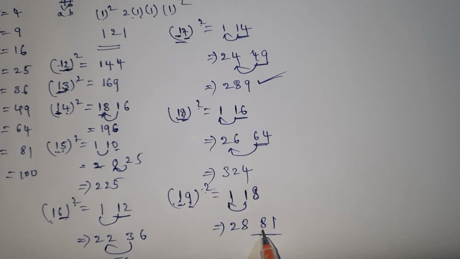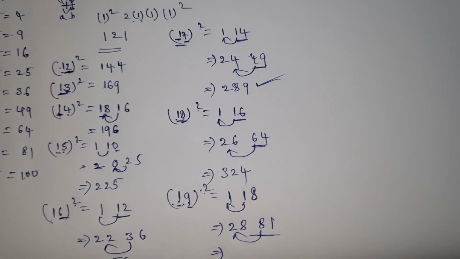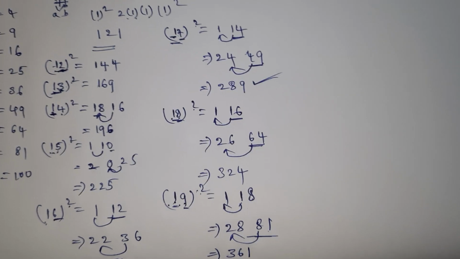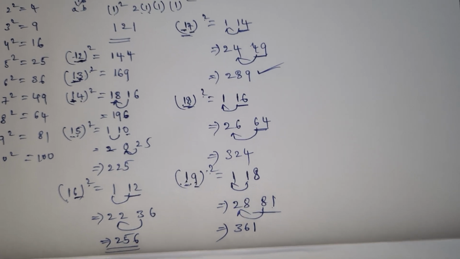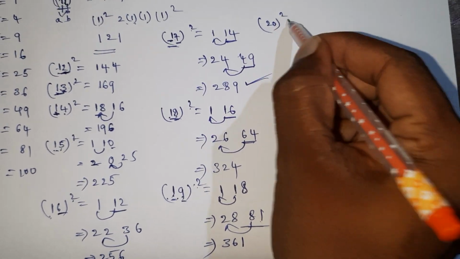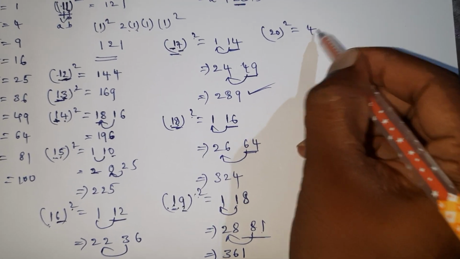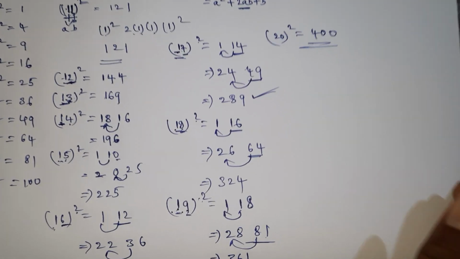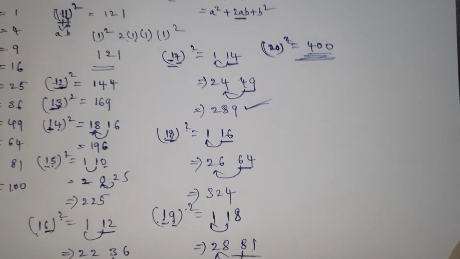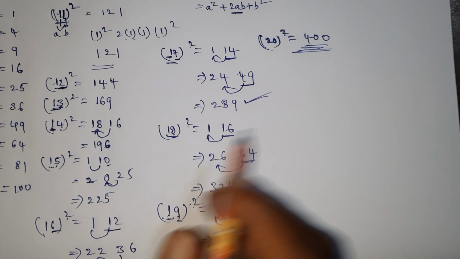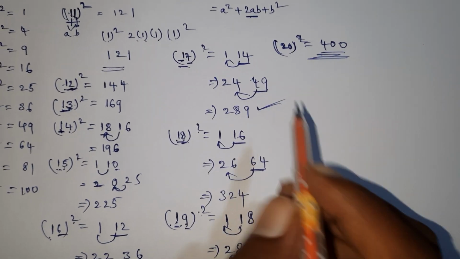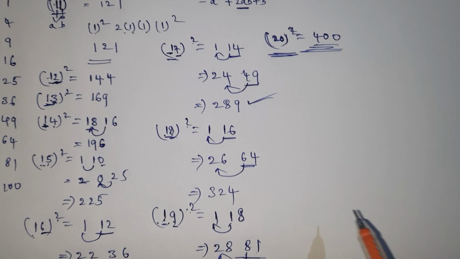In this 81, 8 is carry and 8 is added to 28, so 36 and 1 written like this: 361. And 20 square is simply, we know, 400, everyone knows 20 square is 400. Okay, now see, so 1 to 20 squares.